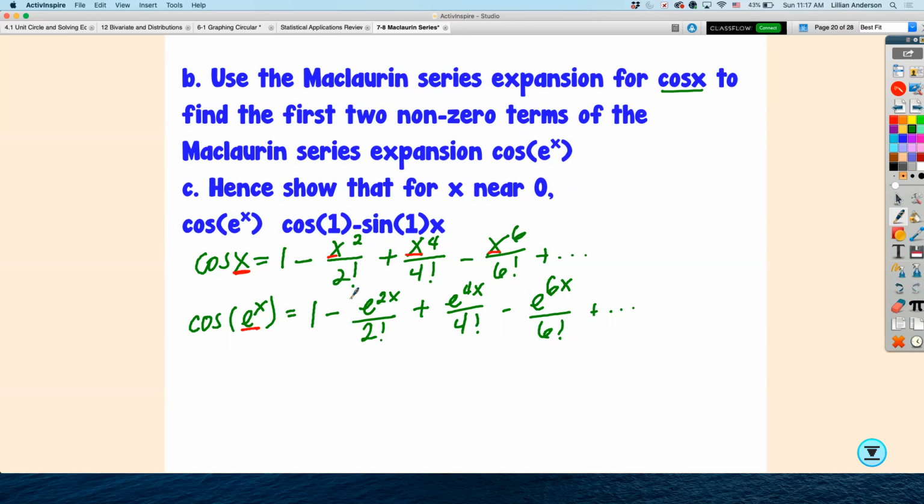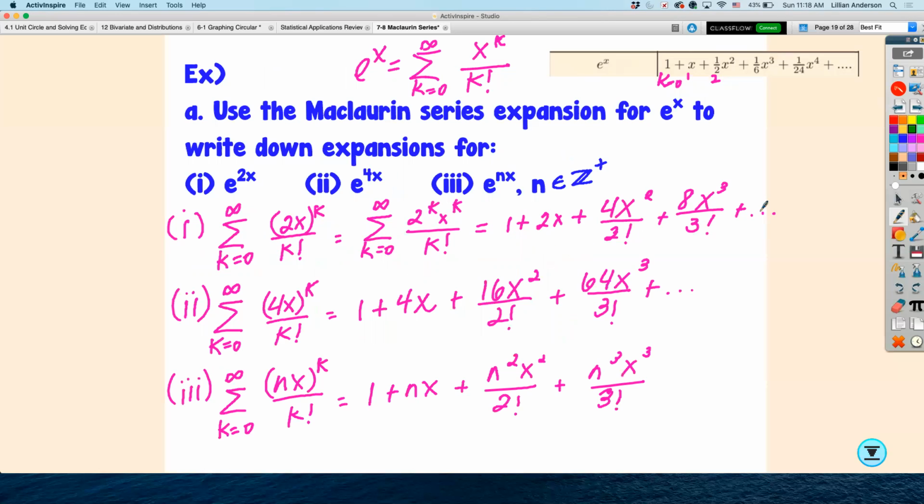Well, that e to the 2x and that e to the 4x, we found in part A that full expansion. So for us to be able to write, again, the first 2 non-zero terms of this expansion, we're going to essentially continue to expand this series with what we know or what we found from part A. So we know that e to the 2x was this entire expansion here in part A. Yes, we were able to simplify it down here, as we can see there.